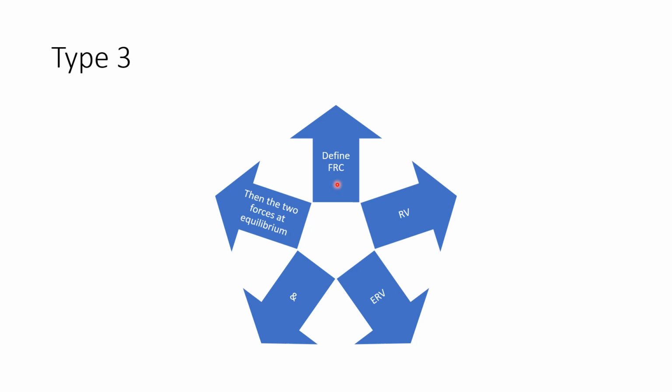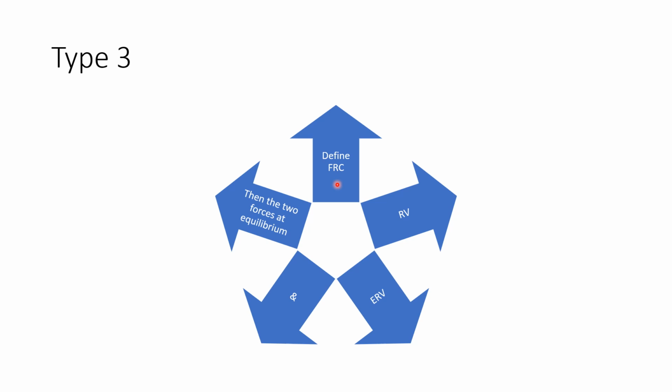Some will just summarize it as the volume of air remaining in the lungs after a normal passive expiration, or normal passive exhalation. But to really get into the full meaning, functional residual capacity is more than that.